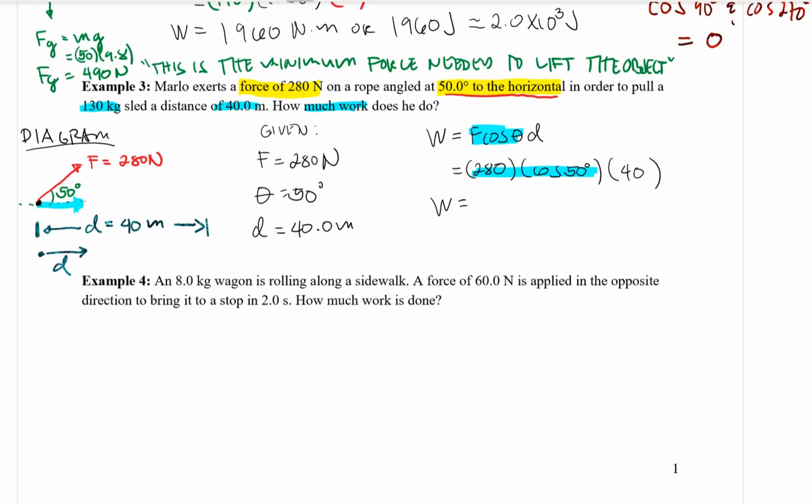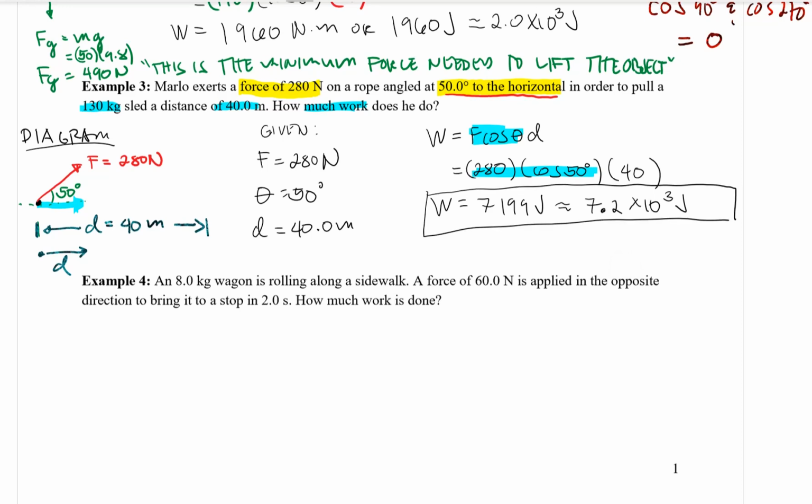So the work done is 7,199 joules, or in two significant digits, 7.2 times 10 to the power of 3 joules. Again, if you have noticed, I'm not using 280 times 40, but just the component of the force that is parallel to the displacement.